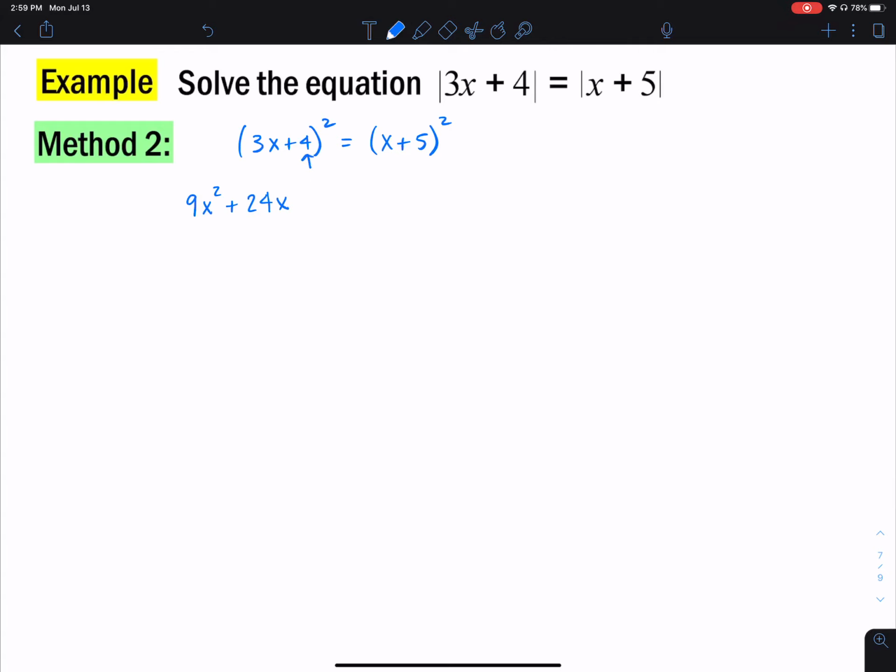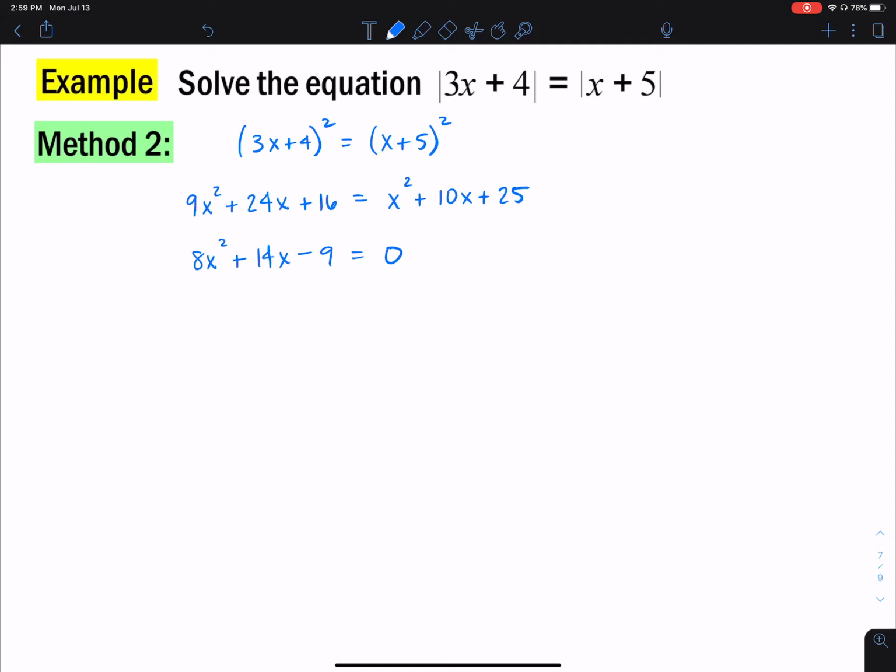And then you take the last term, which is 4, and you square it. So 16. Now if you do the same thing on the right, you'll end up with x squared plus 10x plus 25. And get all your terms to one side. So that would result in 8x squared plus 14x minus 9 is equal to 0.